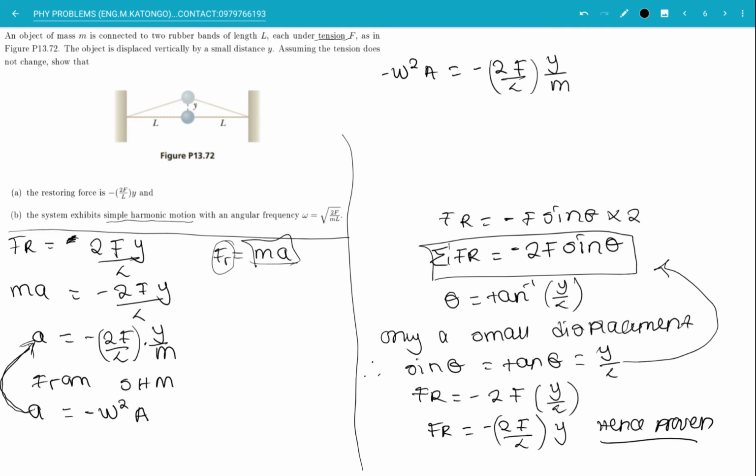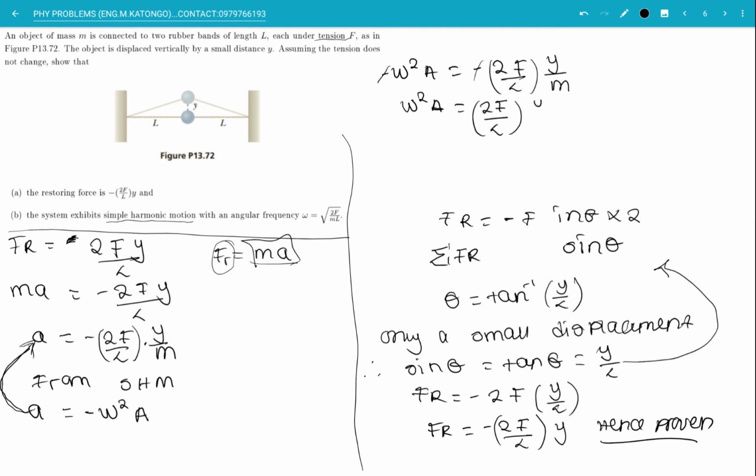Getting rid of the negatives on both sides, we'll have omega squared, which is the angular frequency, times the amplitude is equal to 2F over L, y over M.